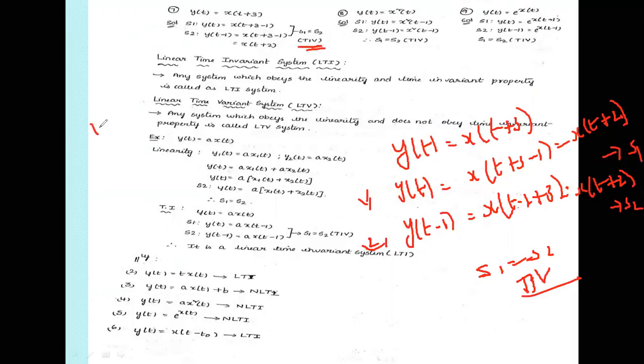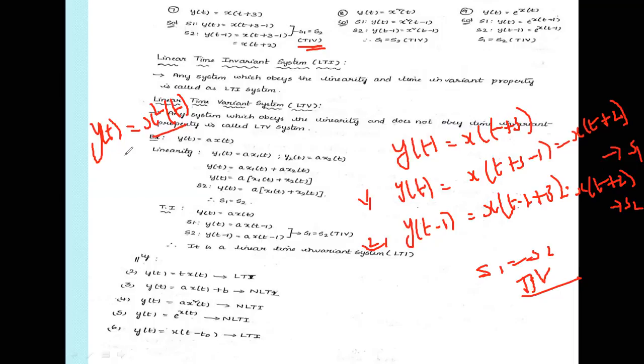Take the other example: y of t is equal to x square of t. Previously we found the linear and non-linear system. This is a non-linear system because the total signal is the square of the functions x1 and x2, giving x1 square plus x2 square plus an additional term 2 times x1 of t and x2 of t, so we call it a non-linear system.